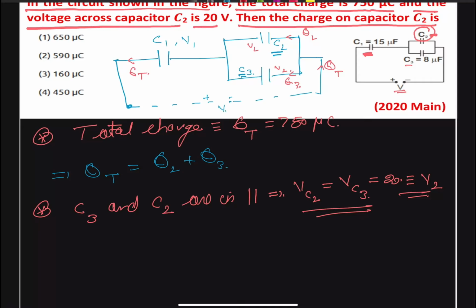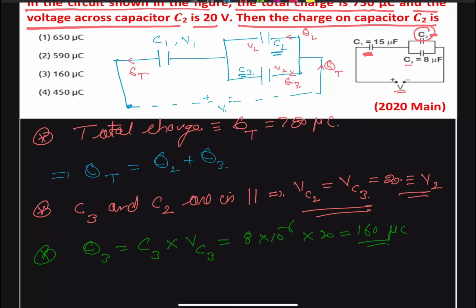Based on this we can find out Q3. The charge Q3 will be equal to C3 multiplied by the voltage across capacitor C3. C3 is given as 8 microfarad and VC3 is 20. So this comes as 160 microcoulomb. So we got the charge across C3.